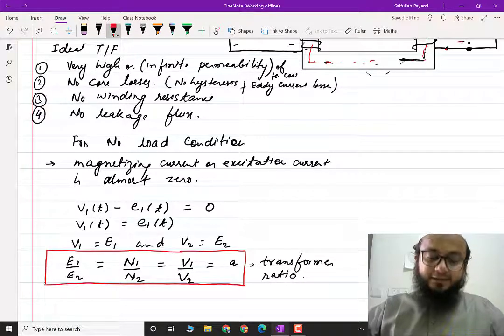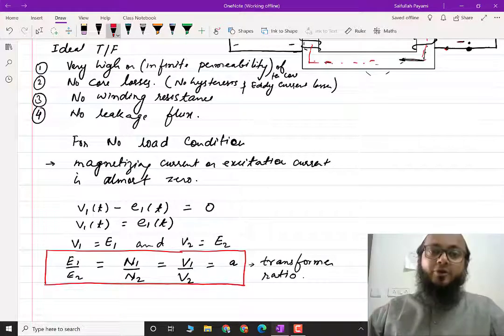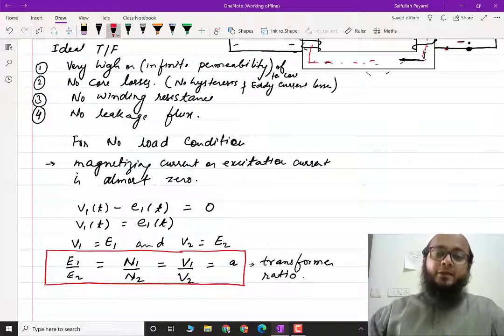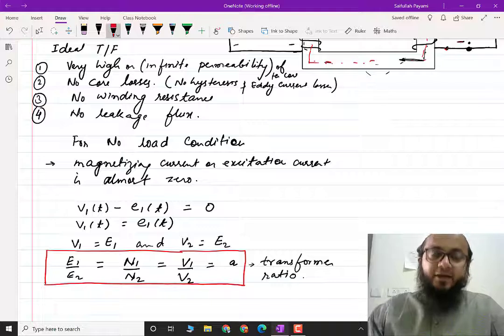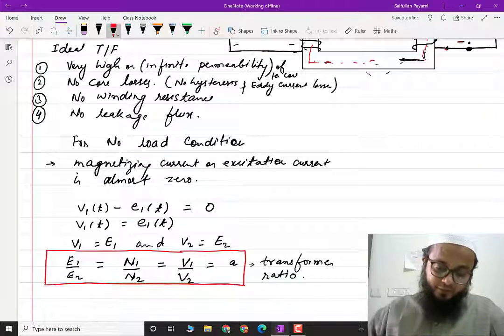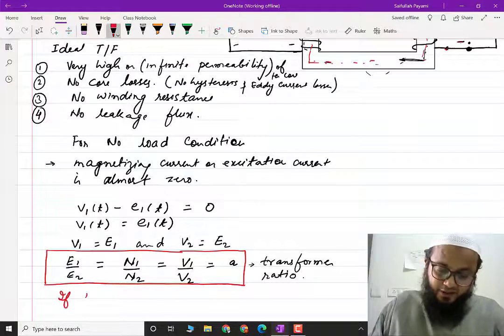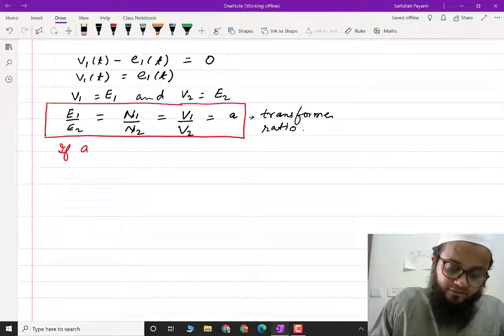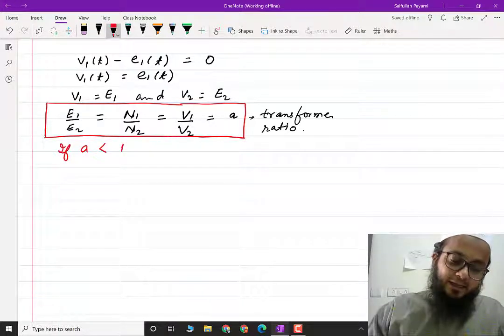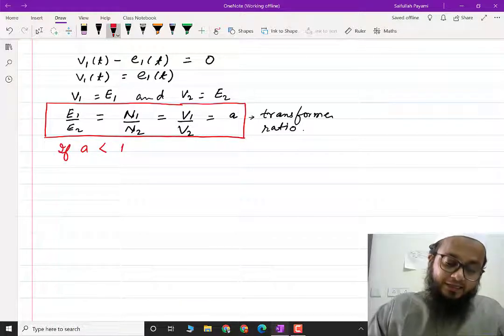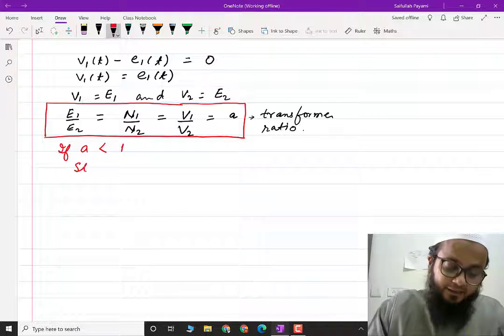Depending upon this turns ratio, we can decide whether it would be a step up or a step down voltage. If a is less than 1, that means N2 is higher, so E2 is higher, and we can say it is a step up transformer.